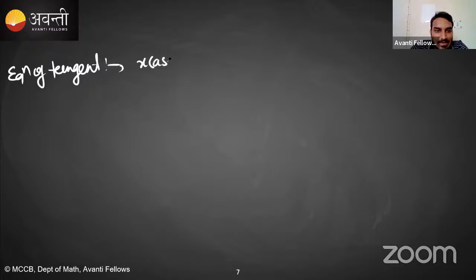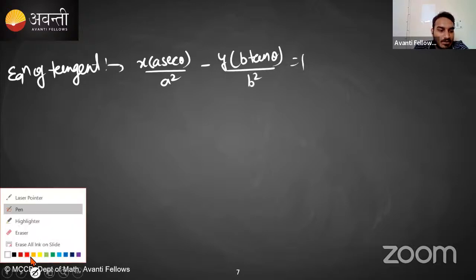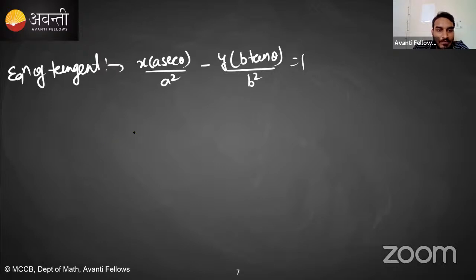What is x1? a sec theta, a square as it is, minus replace y square with y1. What is y1? b tan theta divided by b square is equal to 1. So what is the equation of tangent? Equation of tangent is x upon a sec theta minus y upon b tan theta is equal to 1.